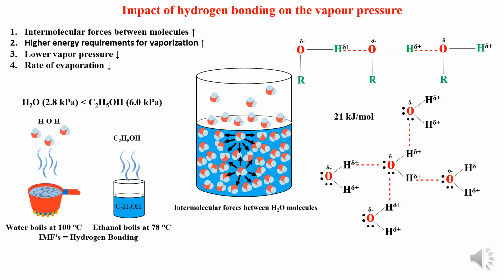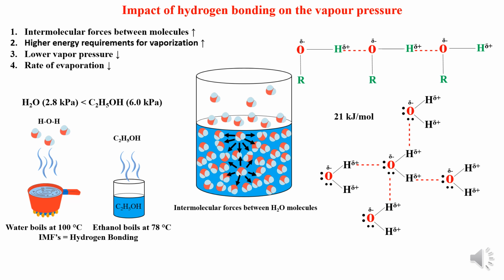So the difference in the boiling point is because of the difference in the vapor pressure. Water with a vapor pressure of 2.8 kilopascals is lower than that of ethanol with a vapor pressure of 6 kilopascals. So because of the high vapor pressure of ethanol, it is highly volatile.